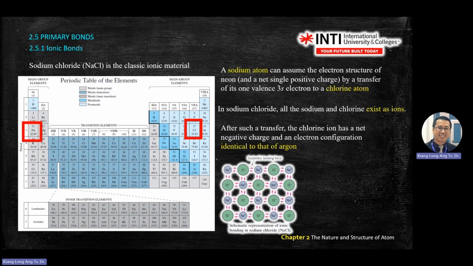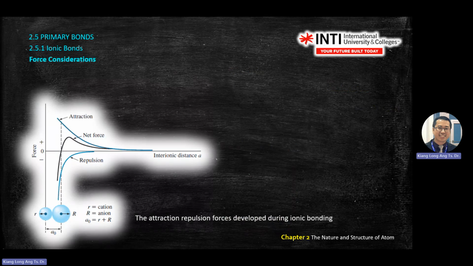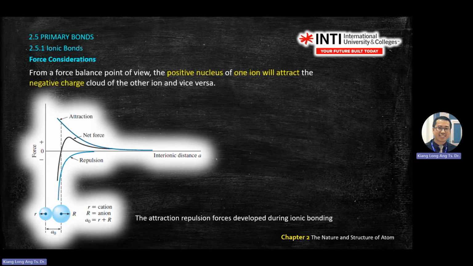For the anion, this one is electron charge. NaCl is a bit special. It is called Coulombic bonding force. This is a graph that tells you one equation. How do you read this one?